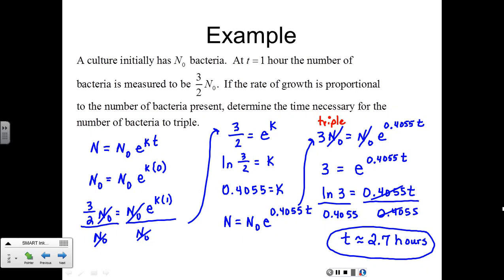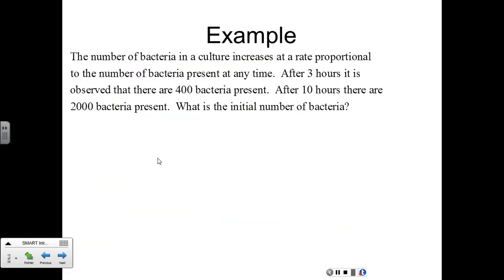Every time I work a growth and decay problem now, I'm going to use this method right here. I'm going to use this model to help me get started with it. Let's try another one. The number of bacteria in a culture increases at a rate proportional to the number of bacteria present at any time.